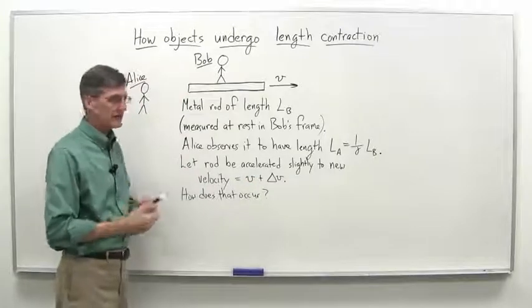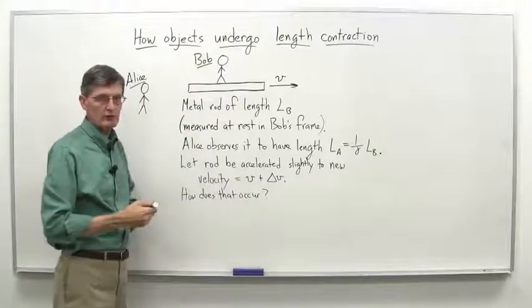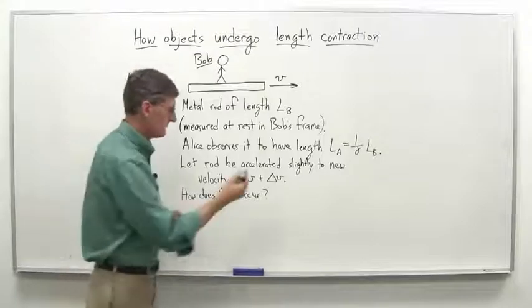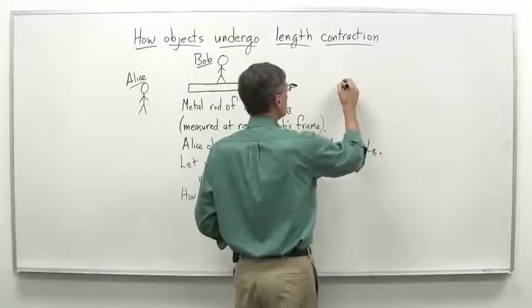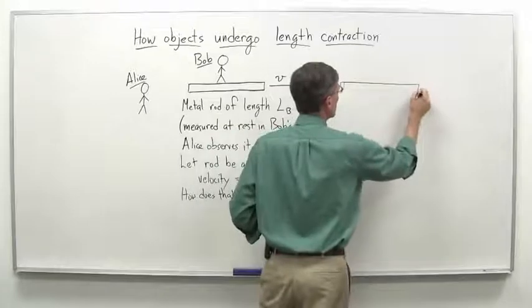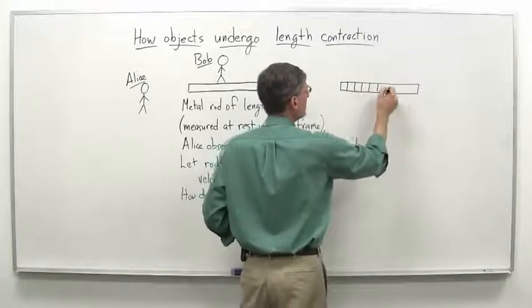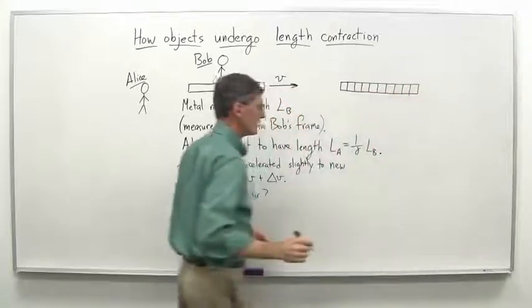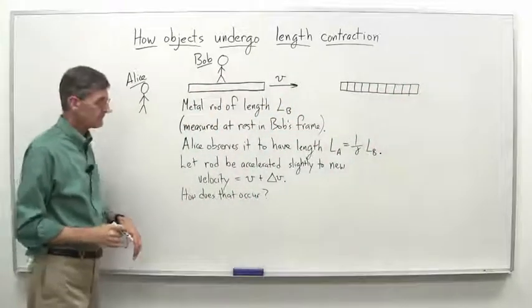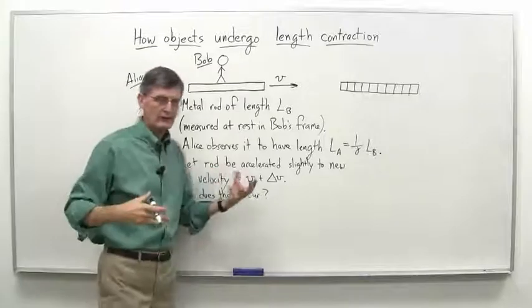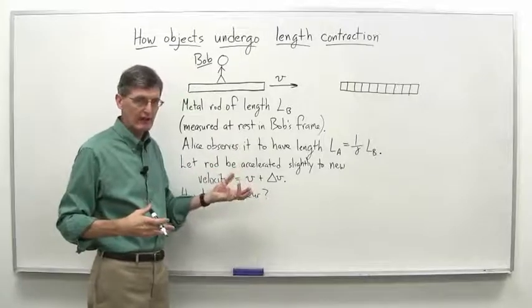And one way to think about that is to divide the rod into little slices. So let's just diagram something like that. So here's the rod again, roughly speaking. And we'll just split it up into a bunch of slices like that. And then we could attach a little rocket perhaps to each slice.